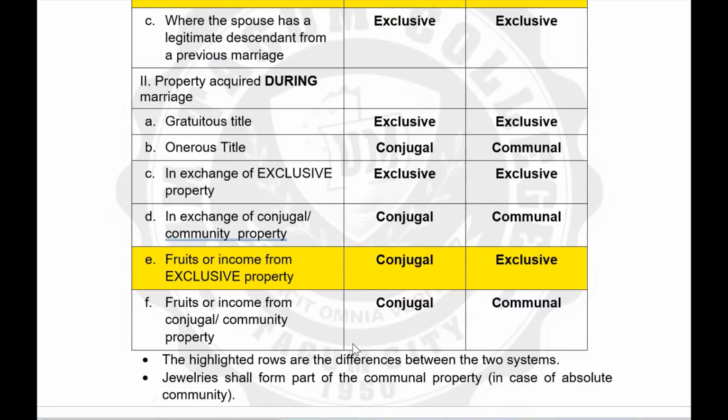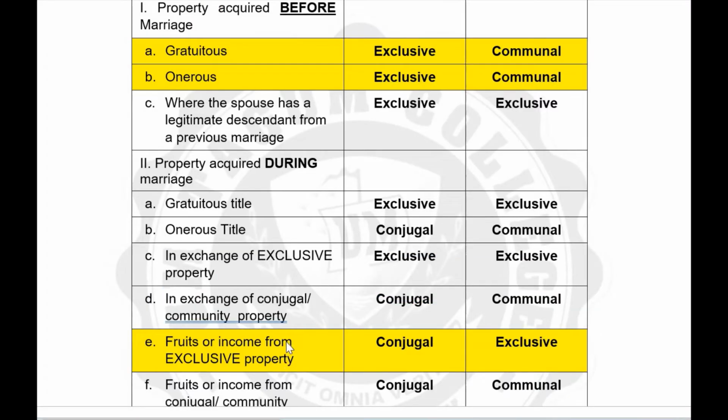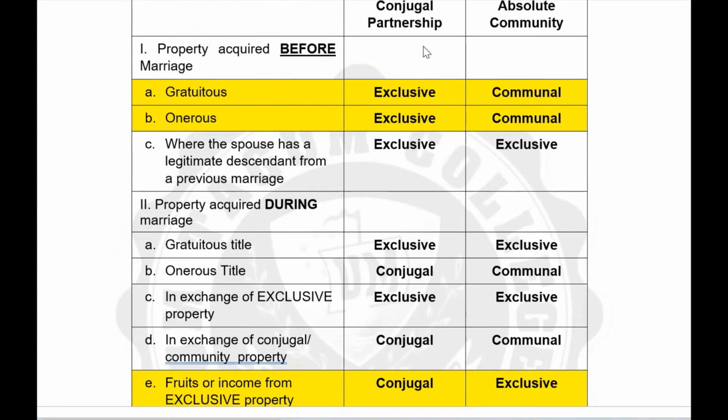So, the ones highlighted in yellow are the only differences between the two, no? Because the rest is the same as in letter A. If gratuitous, you acquired it before marriage, under conjugal partnership of gains, that is exclusive because you brought that property into the marriage as exclusive property.